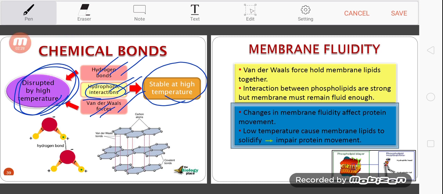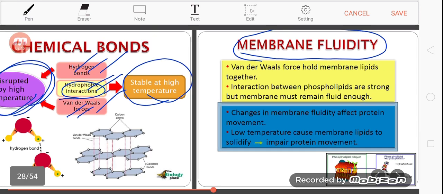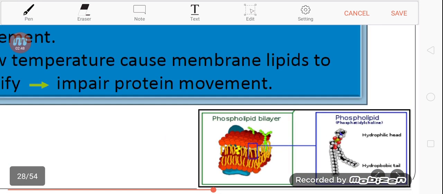Now relate those bonds with membrane fluidity. Van der Waals forces hold membrane lipids together. Interactions between phospholipids are strong, but the membrane must remain fluid enough. We have a phospholipid bilayer at the membrane, and its function is to selectively allow molecules or particles to cross.